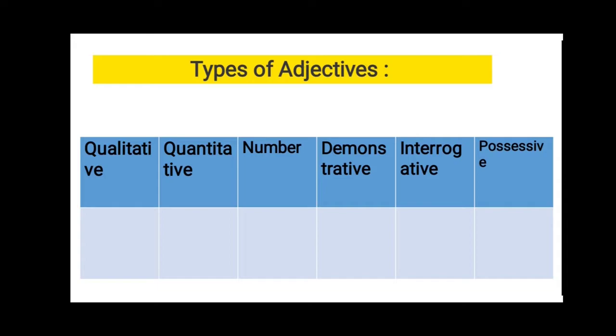Out of these 6 types, we have already discussed the first 4 types, which are qualitative, quantitative, number, and possessive. That's why, student, today we are going to make a detailed discussion on the next and the last 2 types of adjectives. Now let us start with it.